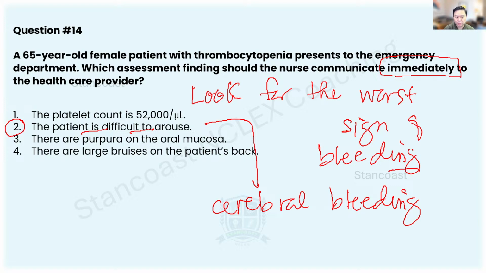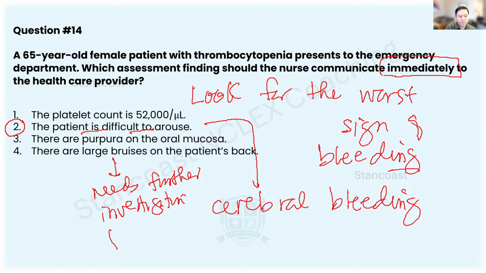Yeah, there are bruises, right? But we need to investigate further about this one. Needs further investigation if we are thinking about elder abuse. Again, that's a possibility, but we need to investigate more assessment findings.